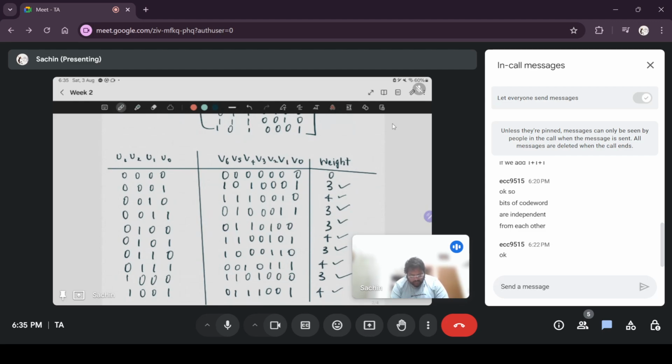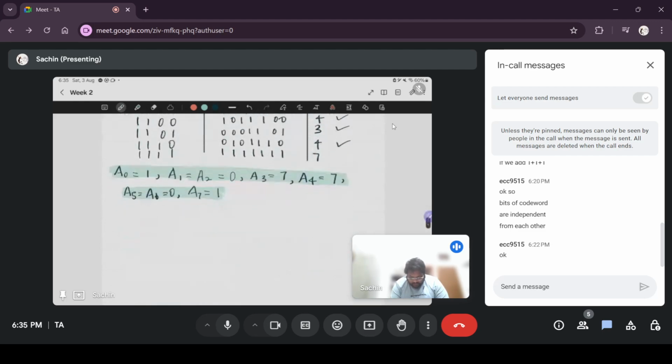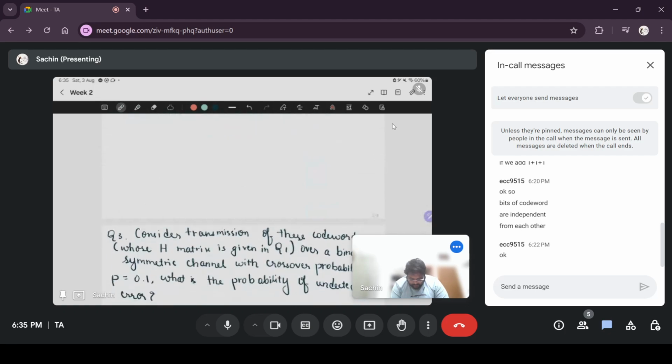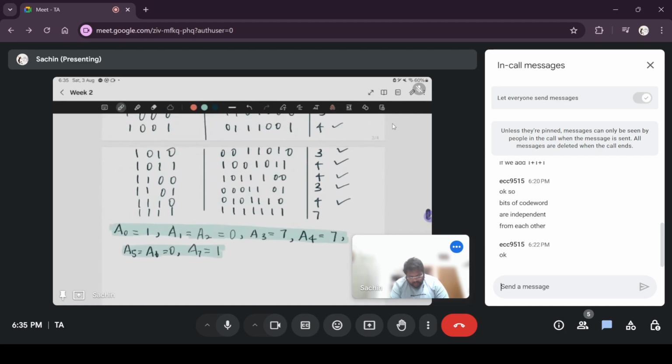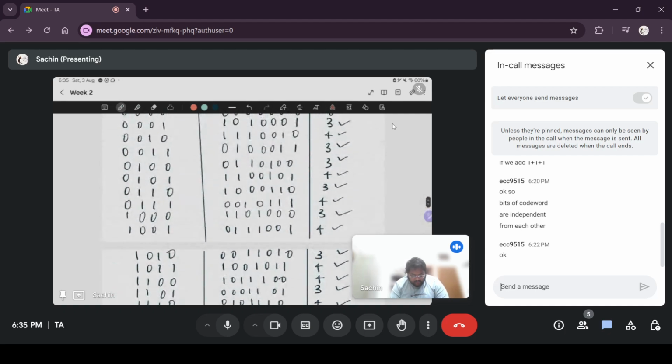So it's a mapping between the messages and the code words. So you have this table. Suppose you transmit one of these code words over a binary symmetric channel. What is the probability that an error has occurred but you won't be able to detect it? That means there are so many errors that the code word that you sent has changed into some other code word.